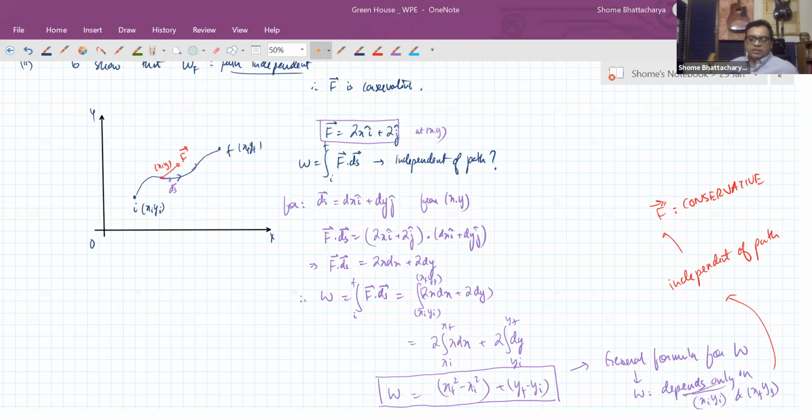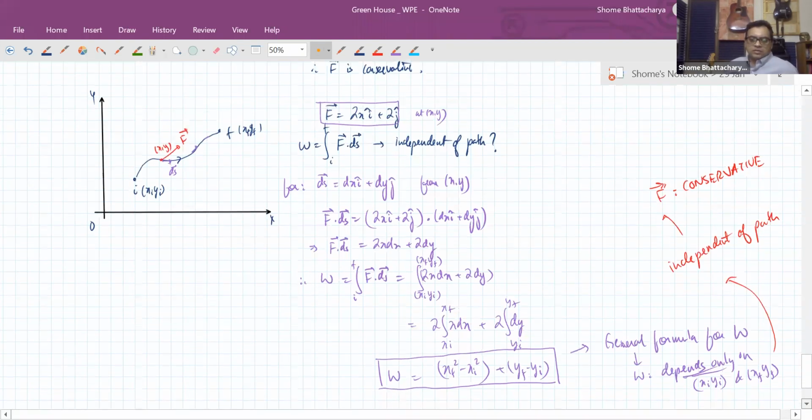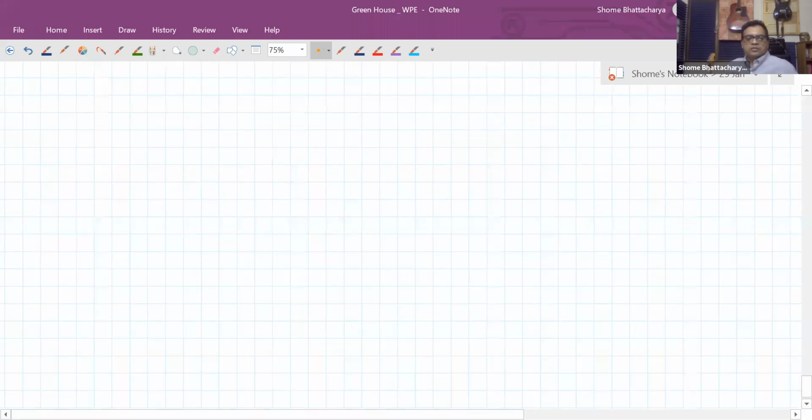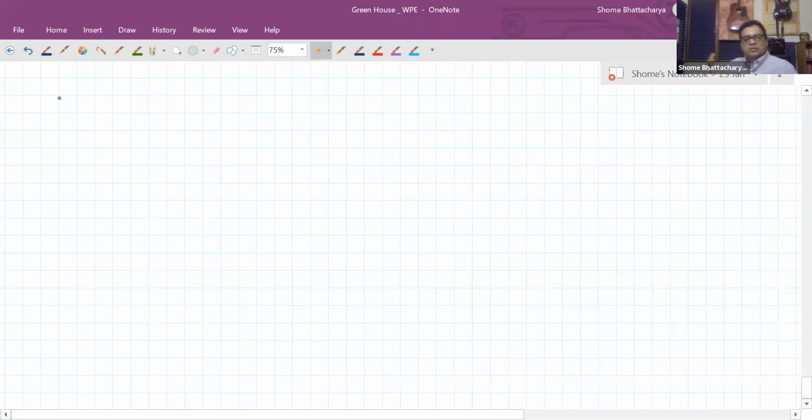So this is an example of a conservative force, a more complex example of a conservative force. We've already seen that any constant force is conservative. Now, kinetic friction is a non-conservative force.